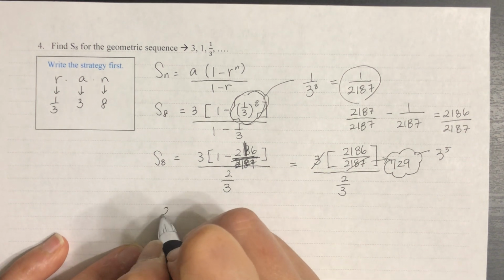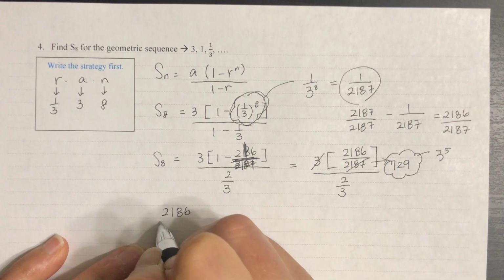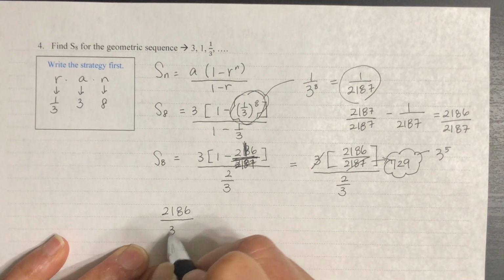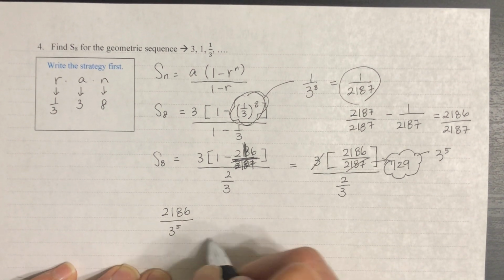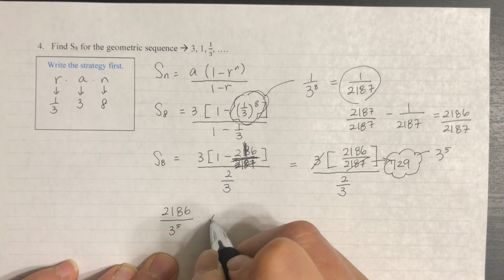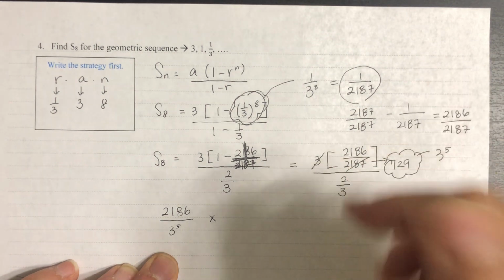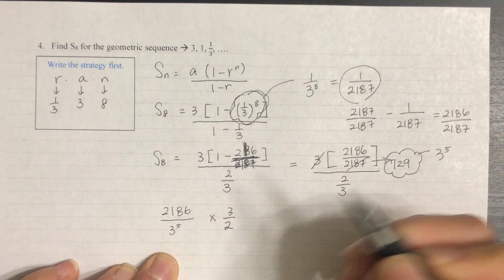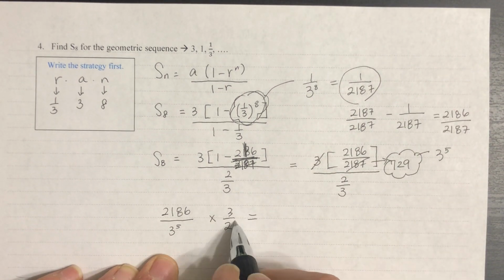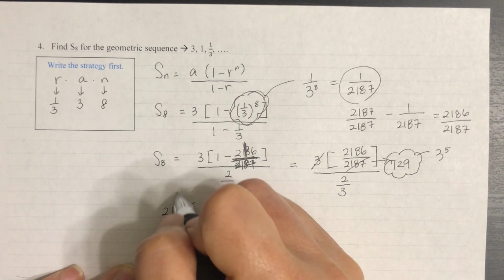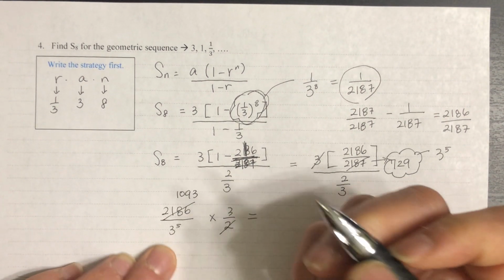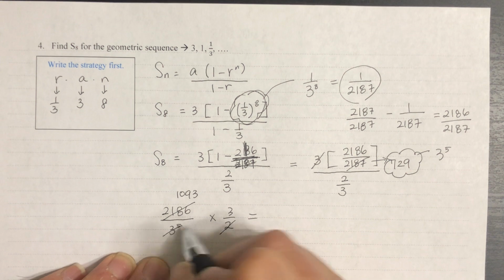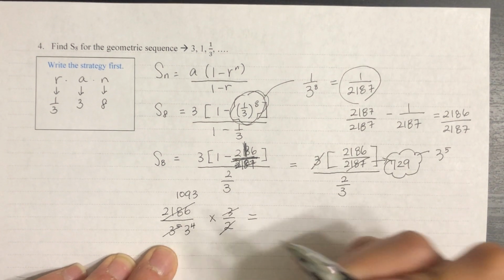So if I write it again, 2,186 over 3 to the 6th over 2/3 is the same thing as times, you flip it, 3 over 2. So this is an even number, that becomes 1,093, and then they become 3 to the 4th power.